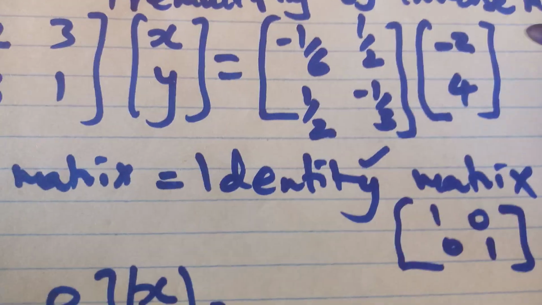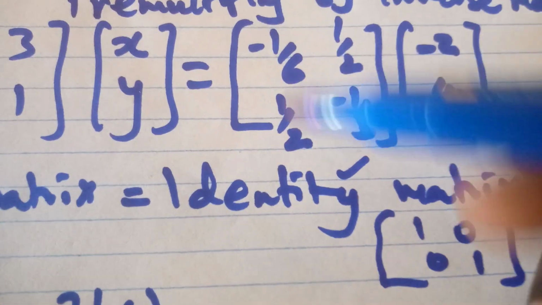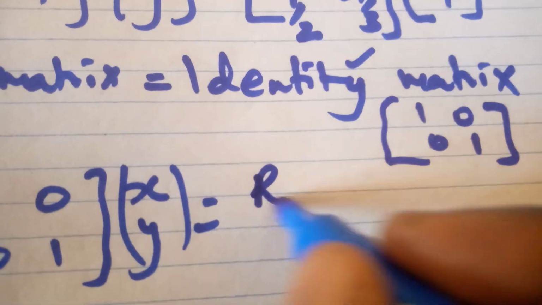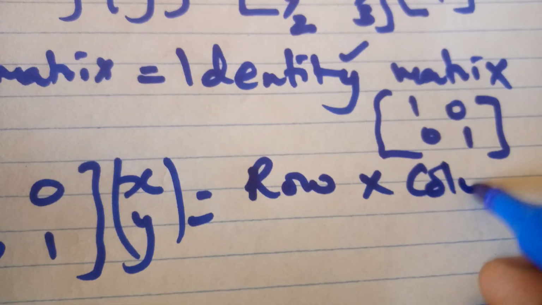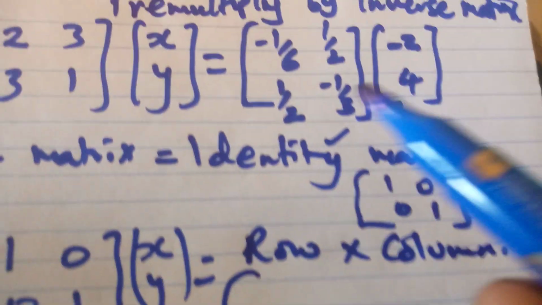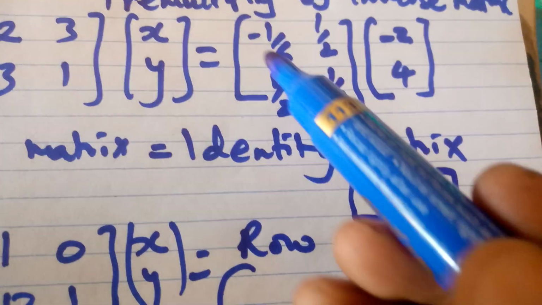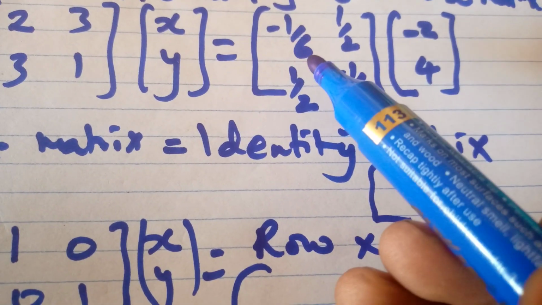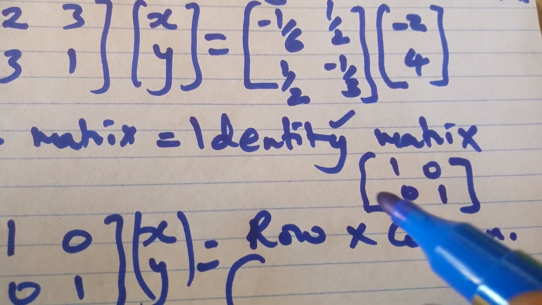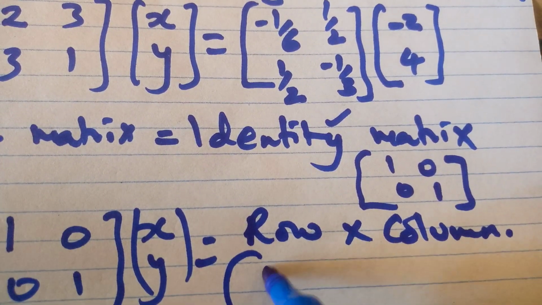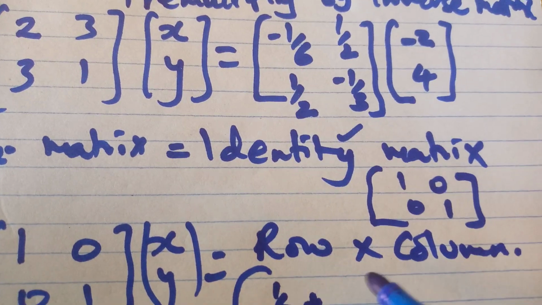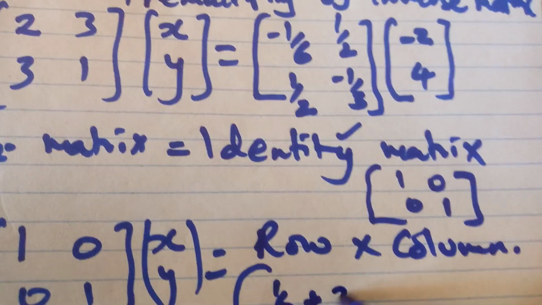But on my right hand side, I'm going to pre-multiply the inverse times this column matrix using the row by column approach. So this is my row and this is my column. If I take negative 1 over 6 times negative 2, I'm going to have positive a third, plus if you take 1 over 2 times 4, you're going to get 2.